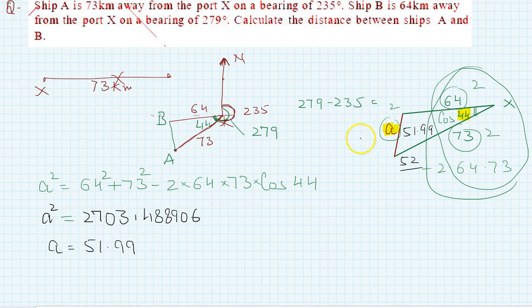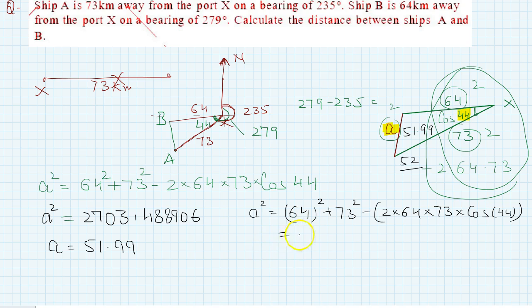When you do it, you can do it directly on a calculator: 64 square plus 73 square minus 2 multiply 64 multiply 73 multiply cos 44. So you will directly get the answer. Then whatever your answer is there, you can take the root and you will get this.